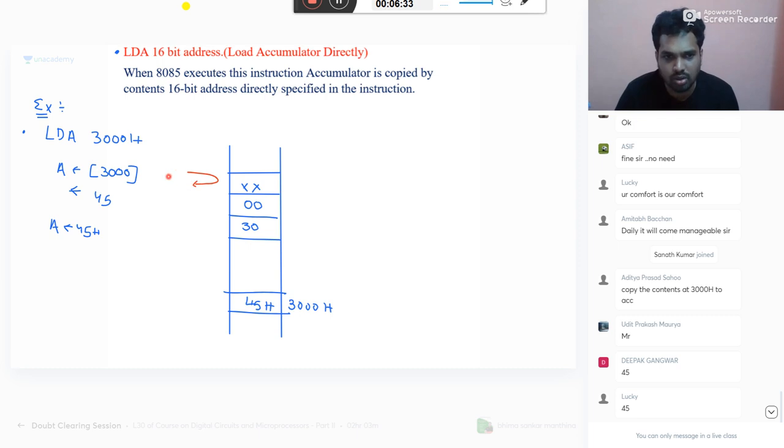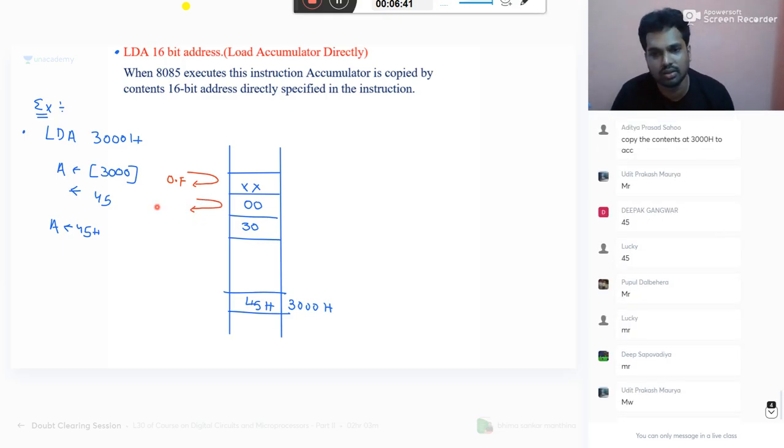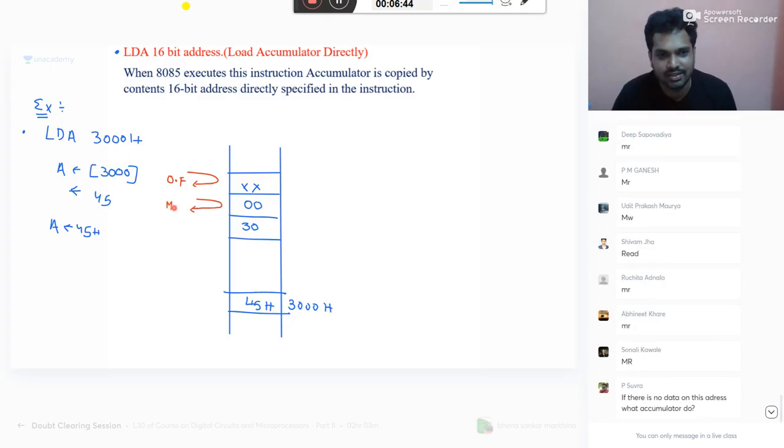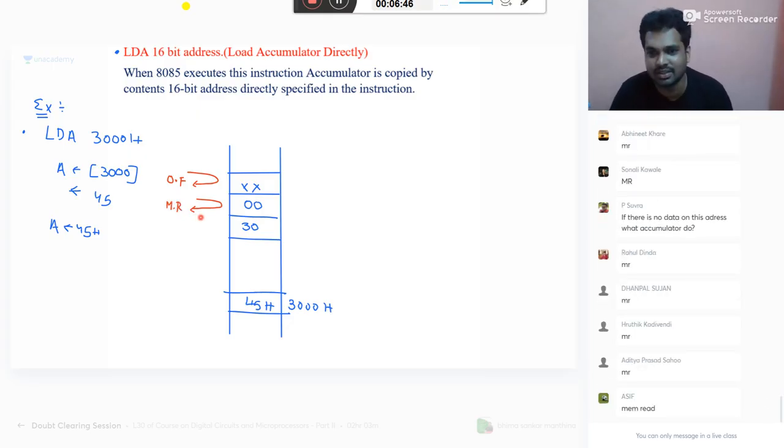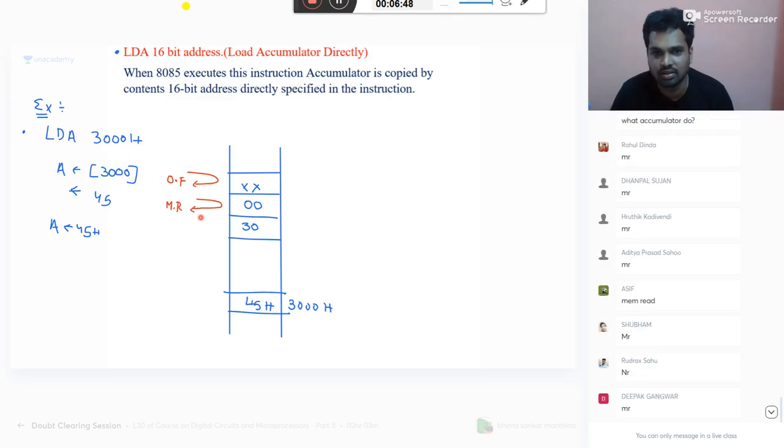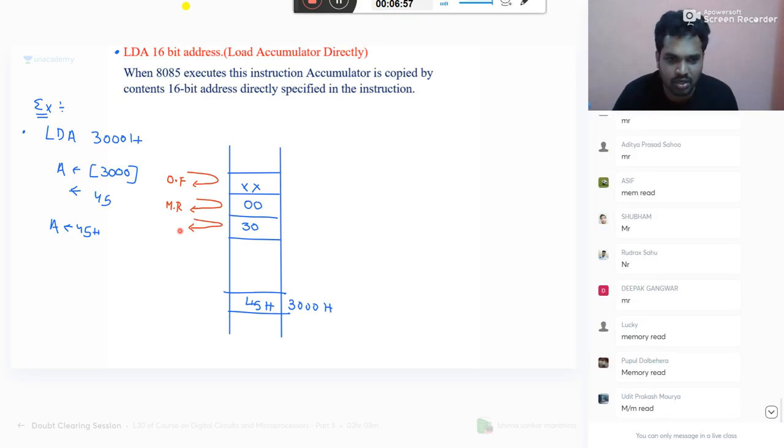Now this is the opcode fetch. You tell me what is the next operation? Memory read. MR means whatever it is there, it will store here. It can be a garbage value also. Another memory read.